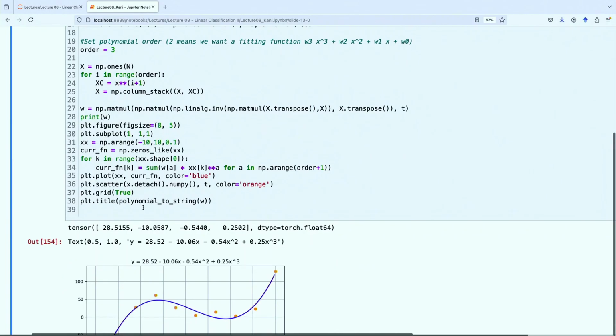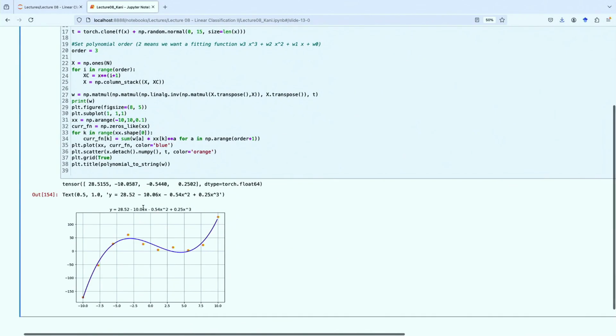And if we actually plot that out, we get a particular tensor that's 0.25, negative 0.54, negative 10, 0.28. This is different than what the gradient descent gave us. I think gradient descent gave us something different, especially for the bias. I think the bias is somewhere around 24. This is around 28. But this is the optimal point, the optimal analytic point. And actually, if we plot it out, we see that, yeah, this does look pretty optimal.